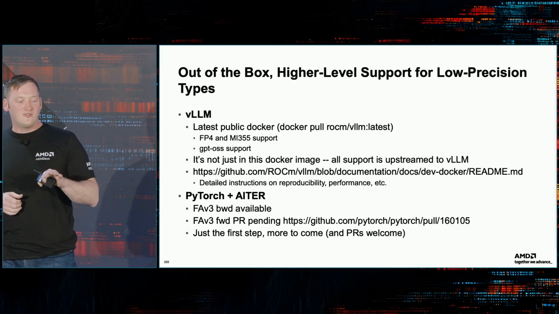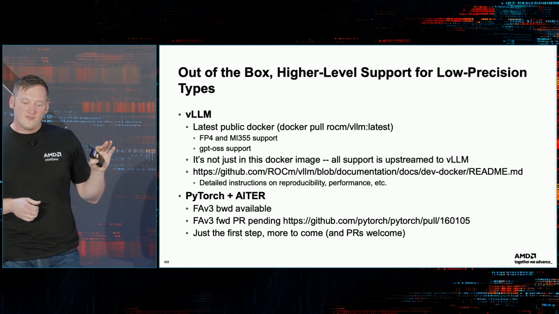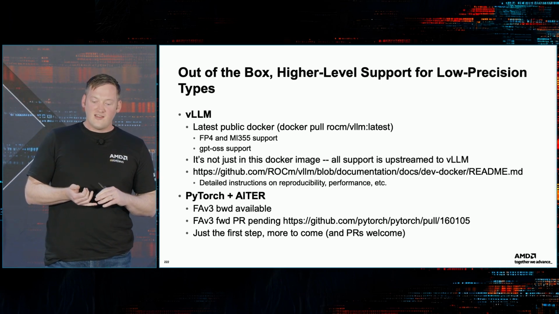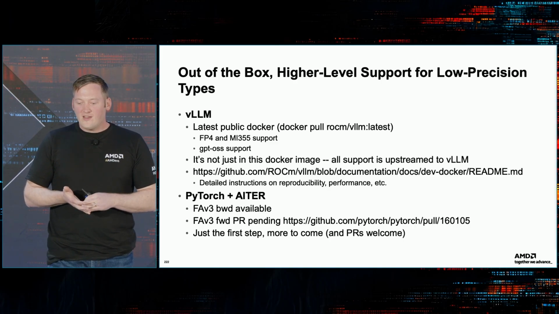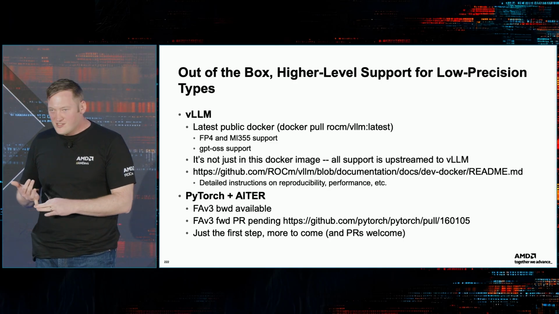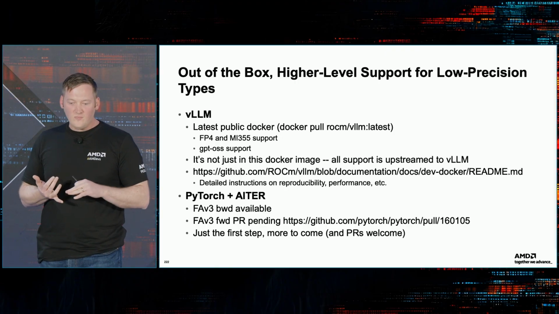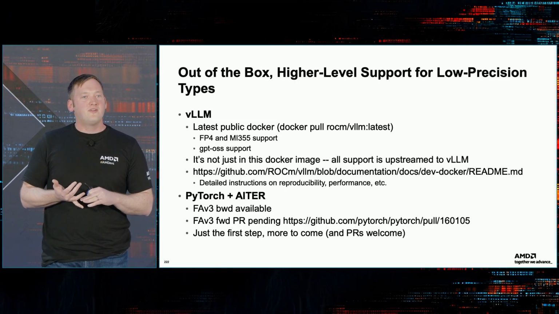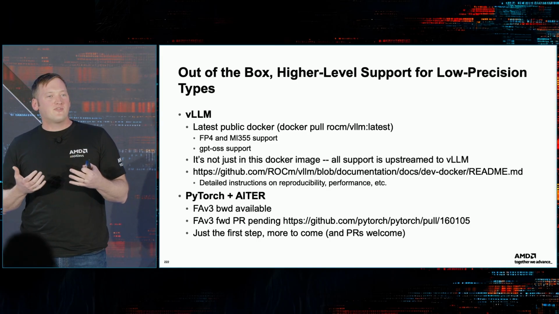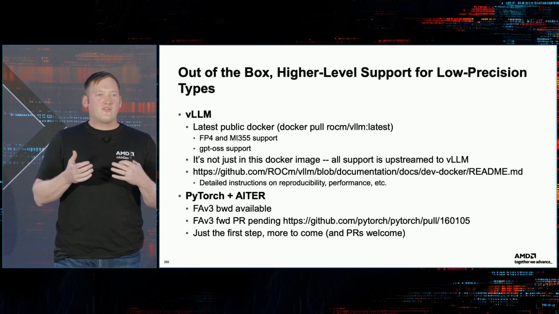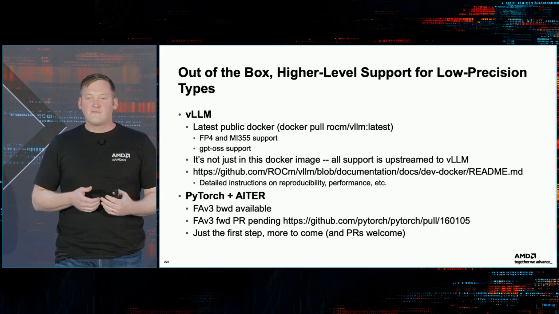So what can you do today? I've highlighted a few ways that you can write kernels. If you want, use CK, use Triton, use popular models right out of the box with day zero support. Where we could use your help is just getting in there and using it, because we as the developers don't always know the corner cases that you're going to experience.